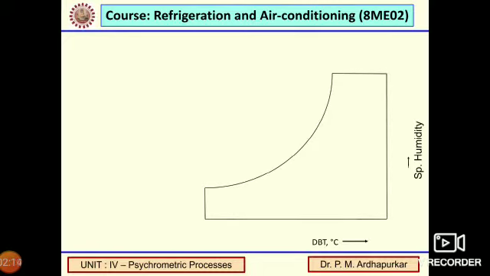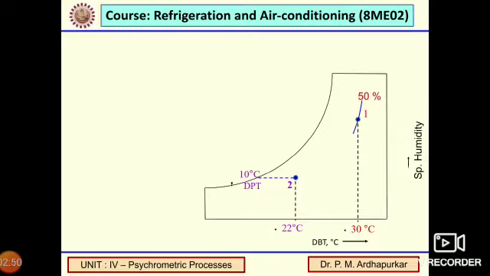Since for a fresh air, dry bulb temperature and relative humidity is given, you can locate point 1 on the psychrometric chart, which represents stream 1. It is simply the intersection of 50% RH line with the 30 degrees centigrade dry bulb temperature. Similarly, you can locate point 2, that is intersection of 10 degrees centigrade dew point temperature and 22 degrees centigrade dry bulb temperature line, which represents the stream 2, that is recirculated air.